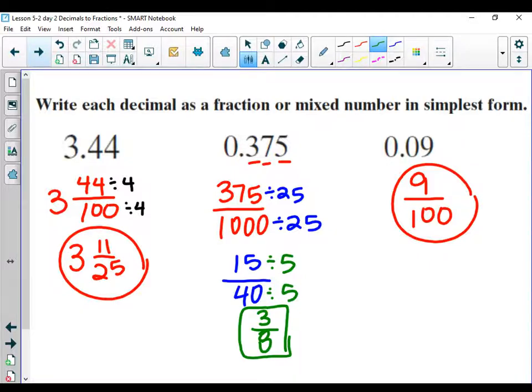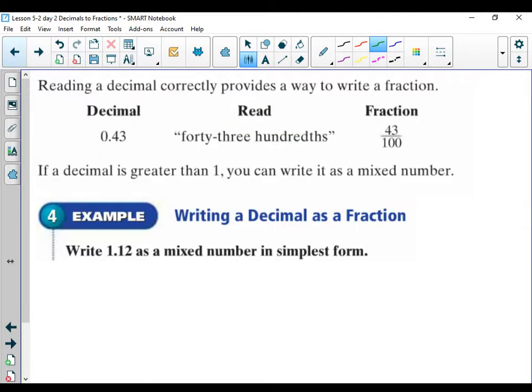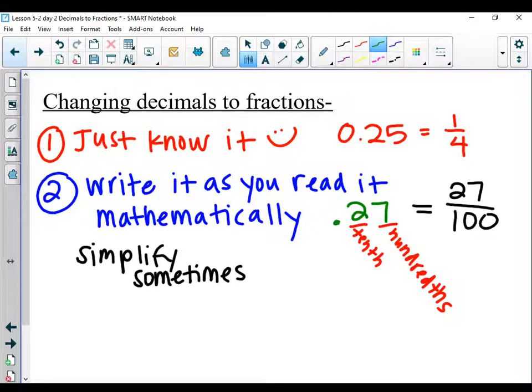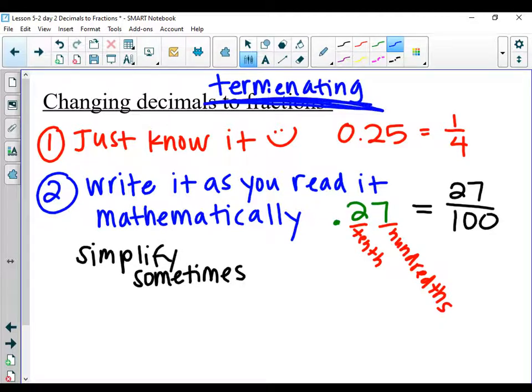Okay, so strategies 1 and 2. These actually work for, spelled it wrong. Those are the 2 strategies for terminating decimals.